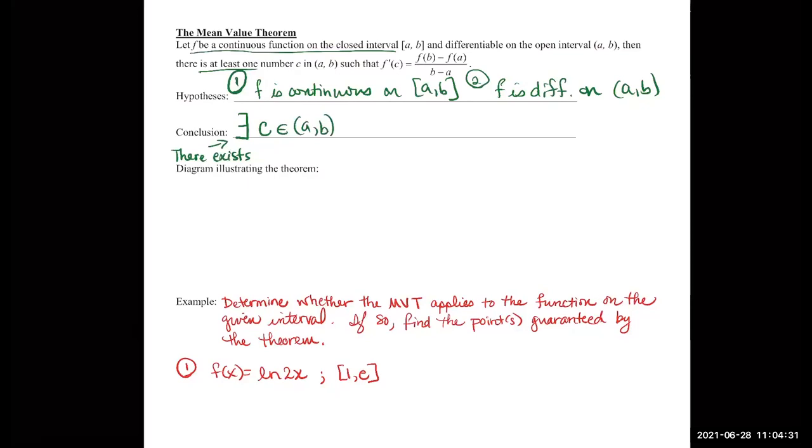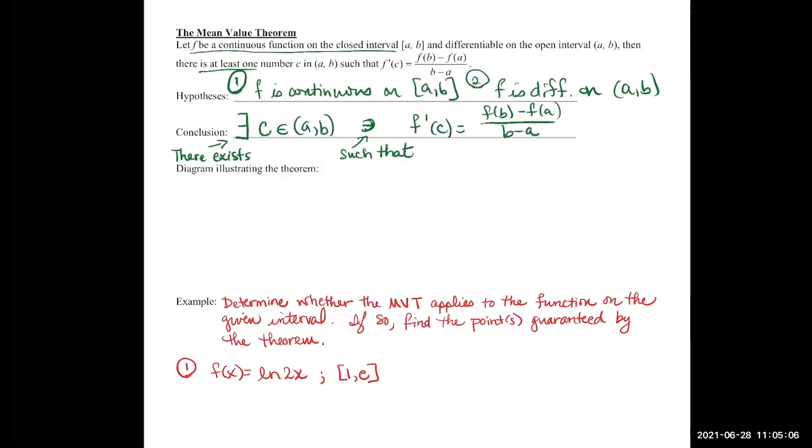So c is inside that interval, such that, and you can write it out in words if you would rather, but when you see a backwards epsilon, when you are using mathematical theorems, you always read that as such that. That's an abbreviation for such that. So there exists some c in the interval (a, b) such that f prime of c is equal to f of b minus f of a over b minus a.